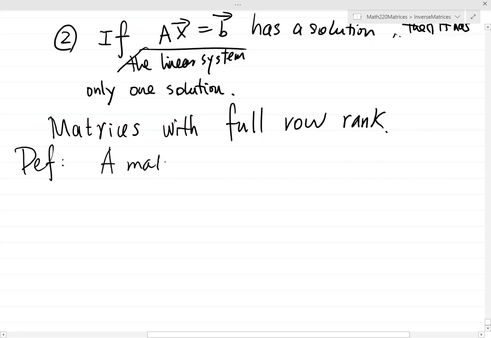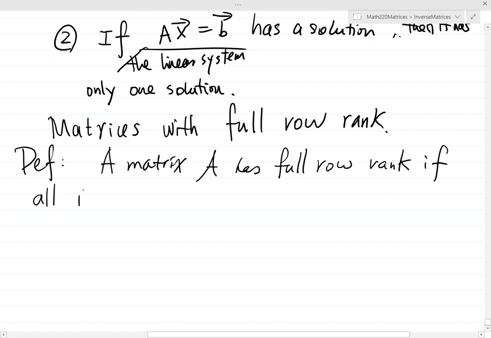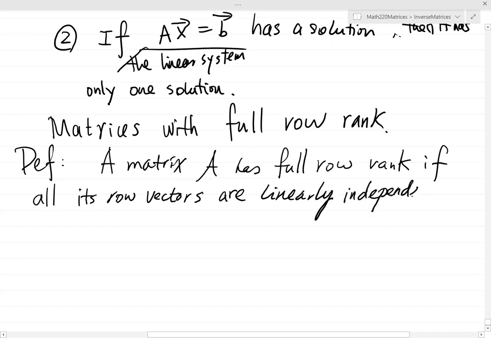A matrix A has full row rank if all its row vectors are linearly independent, i.e., the row vectors span a vector space of the largest possible dimension.